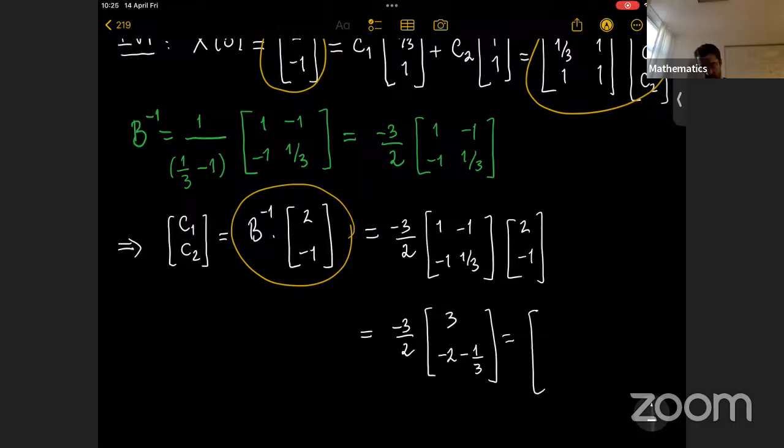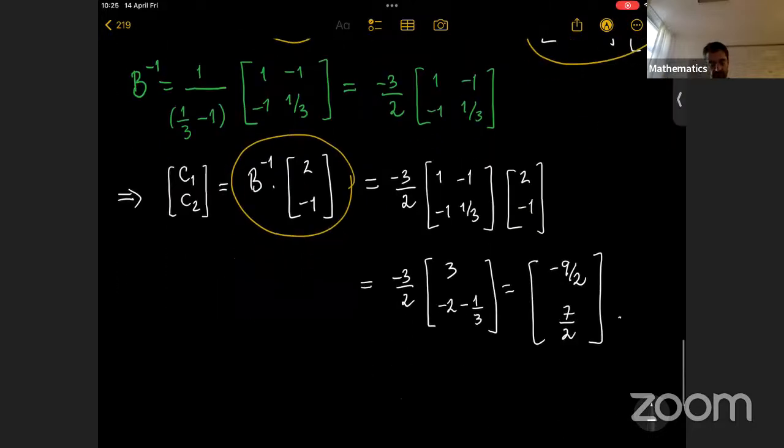So basically minus 9/2 is C1, and C2 is 7/2.